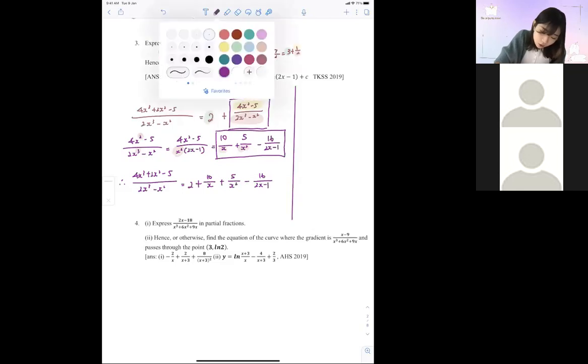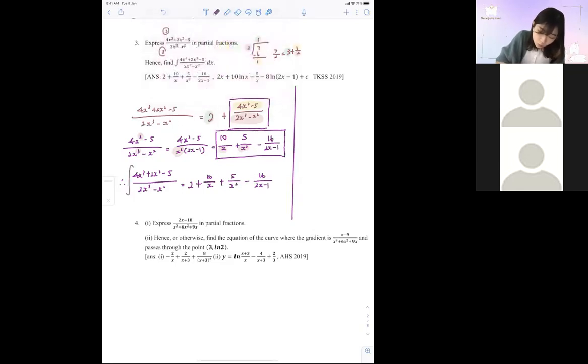Then now they ask you to integrate this. It will be the same as integrating this. The easy part, the easy integration, right? They will ask you to do partial fraction and then ask you to integrate. If I want to make this question hard, I will not give you the first part. I will just ask you to integrate. So you must know that there is no quotient rule for integration.